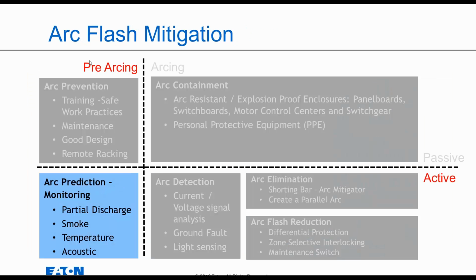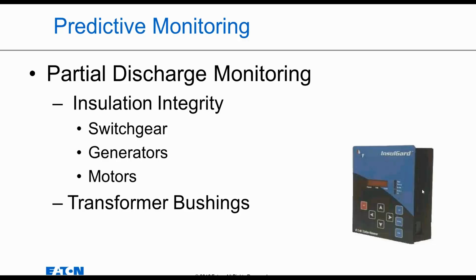So let's talk about arc prediction monitoring as a pre-arcing, but more of an active action. First one, predictive monitoring: partial discharge monitoring, measuring the integrity of the system and the insulation integrity in all of your gear and equipment and loads, and transformer bushings.